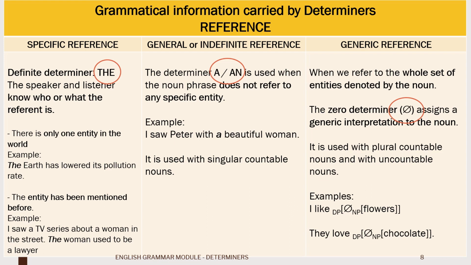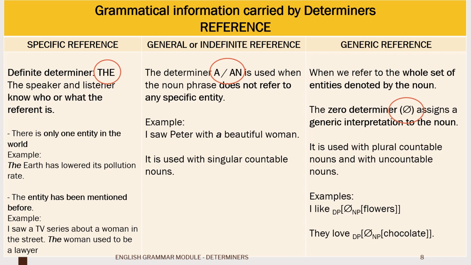Remember what we discussed about non-overt morphology? Well, this is an example of it. The zero determiner is not pronounced, but still it's a fully functional category. So we use the zero determiner when we refer to the whole set of entities denoted by the noun. This determiner assigns generic reference to the noun head of the noun phrase complement.